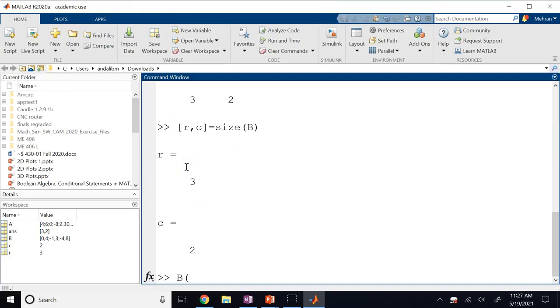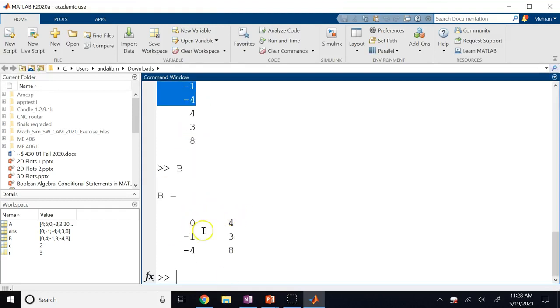All you do is you say B and then column, and that's it. This column operator alone with no number in it will convert your matrix into a vector. Look, you see B was this, and if you look at B column, it is the first column, and at the bottom of it is concatenated the second column.